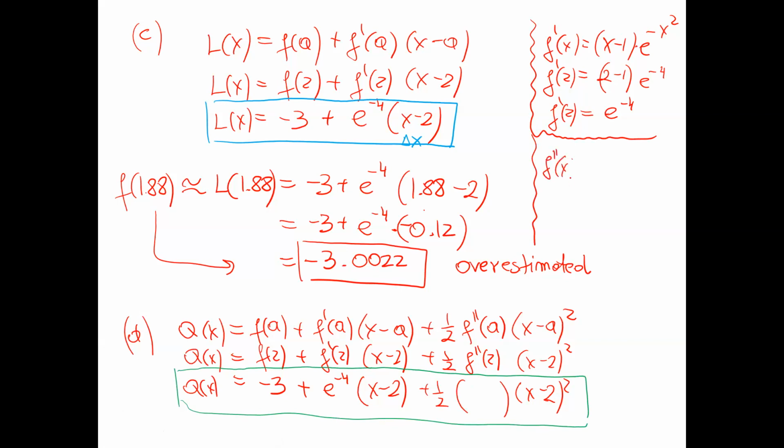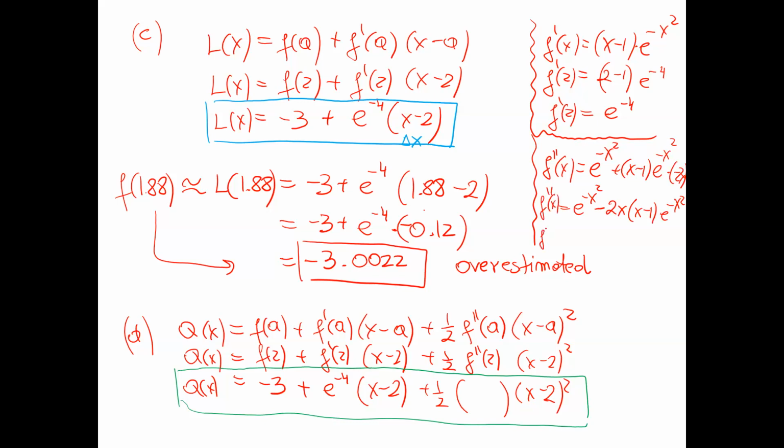The second derivative: derivative of x minus 1 is 1 times e to the negative x squared, plus x minus 1 times the derivative of e to the negative x squared, which is e to the negative x squared times negative 2x, from the inner function. We may rewrite it a little bit: negative 2x times x minus 1 e to the negative x squared.